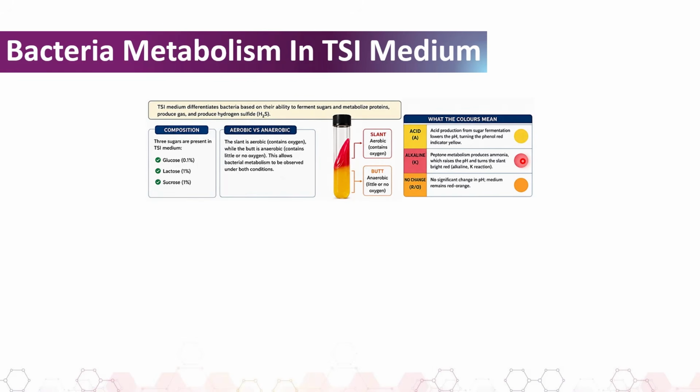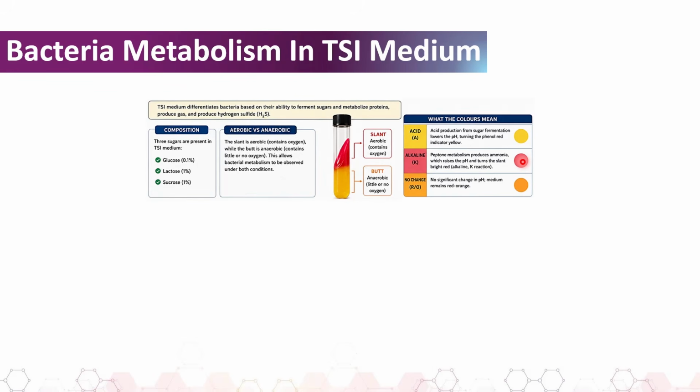Now, this color code also shows that there is no acid formation, or no acid has been produced, and this also indicates that peptone is being metabolized to produce an alkaline byproduct such as ammonia that will cause an increase in the pH of the medium.